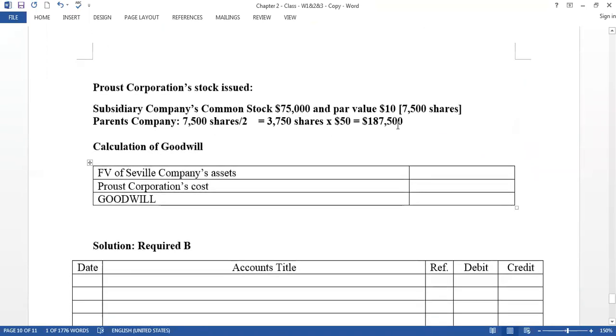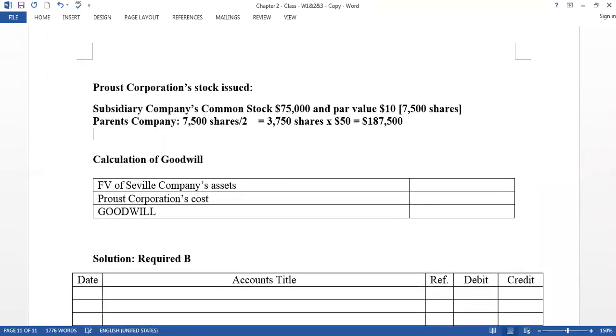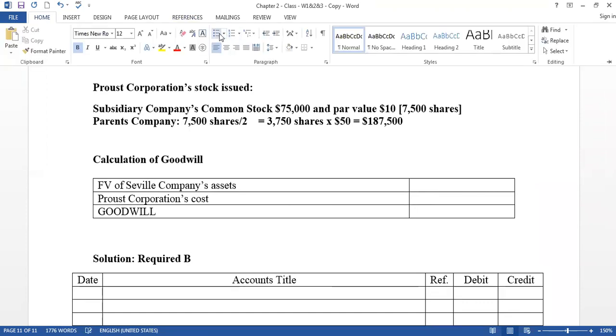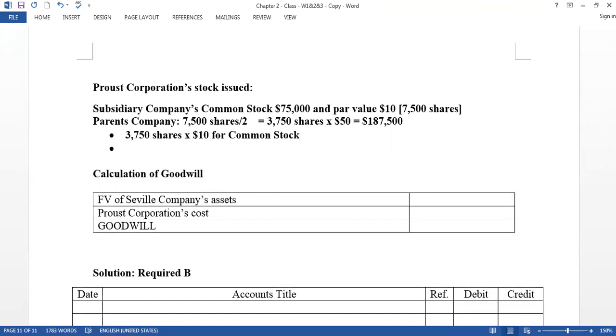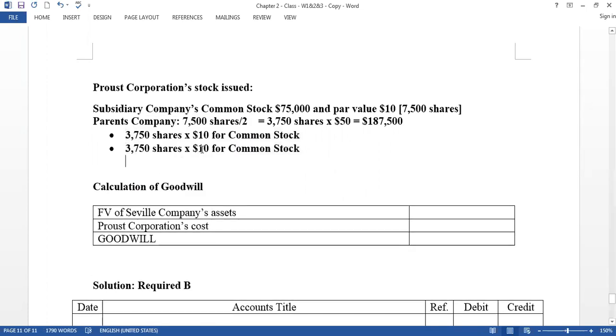Now this calculation we are going to do this way. $10 for common stock. And $40 for additional paid in capital.